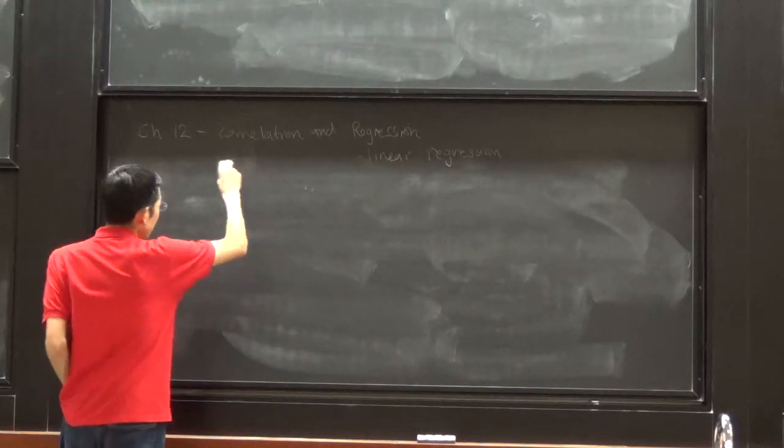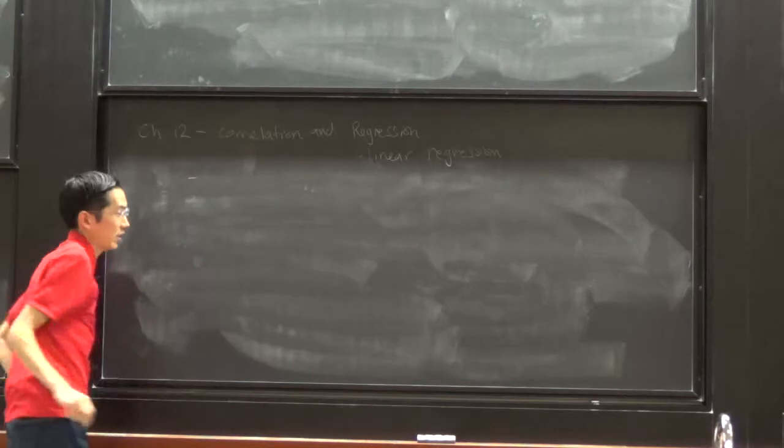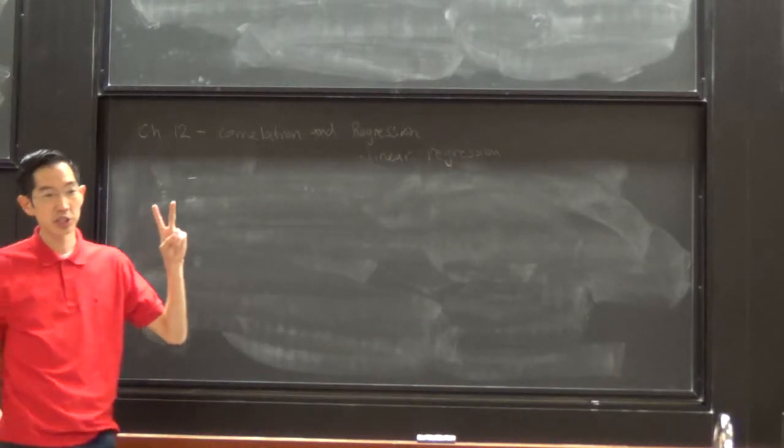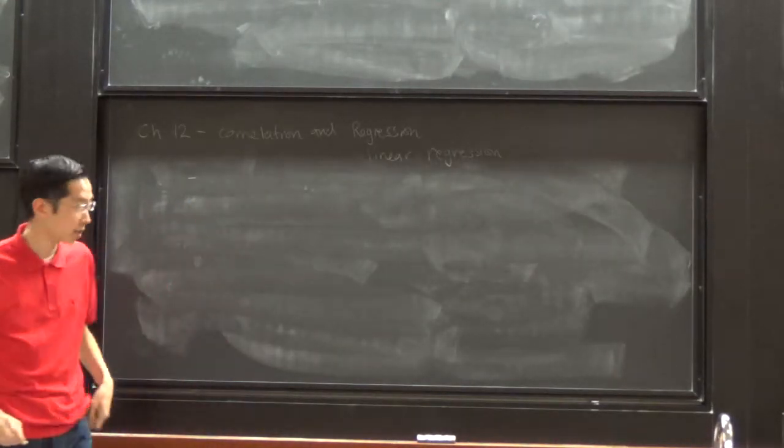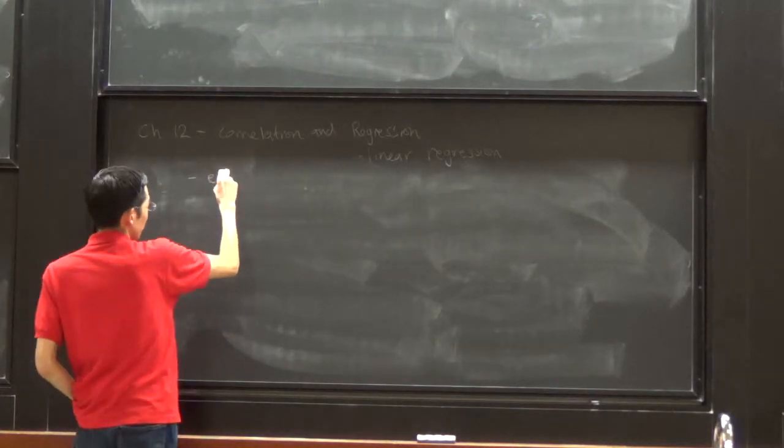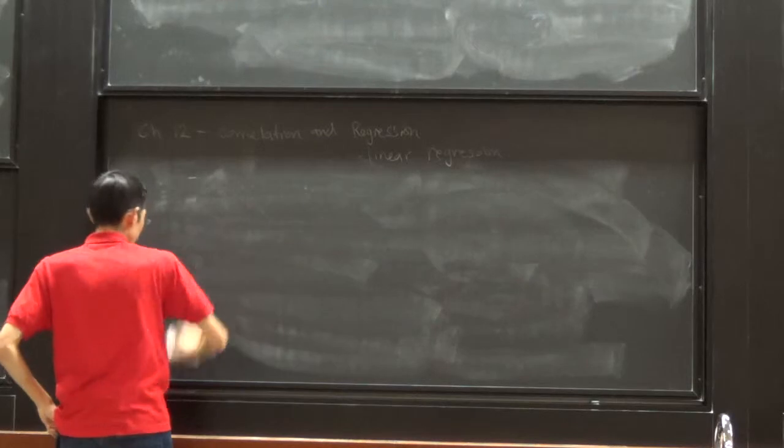Correlation and regression apply anytime you're asking whether there is a relationship between numeric variables, okay?